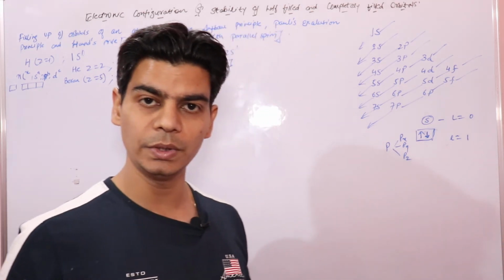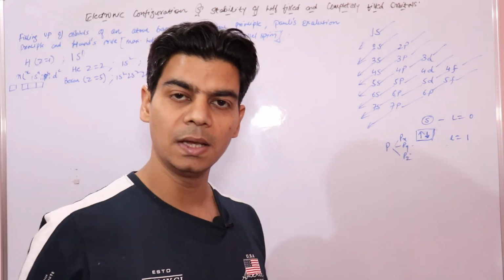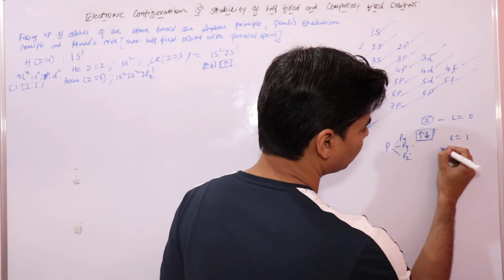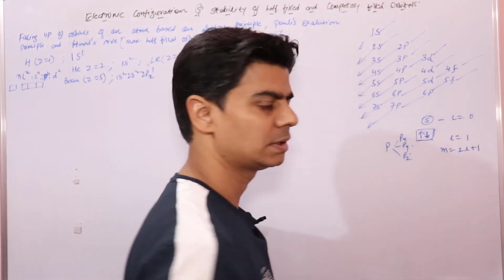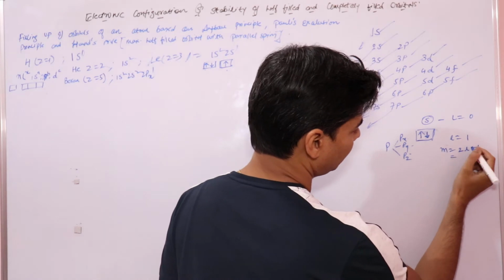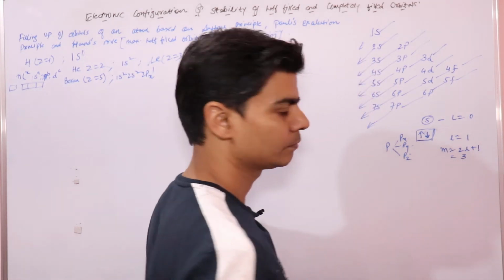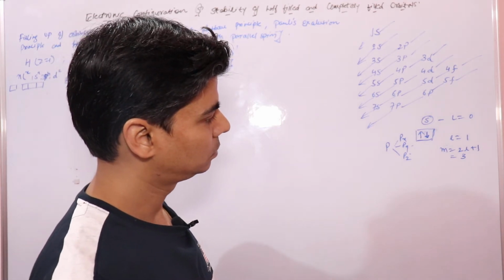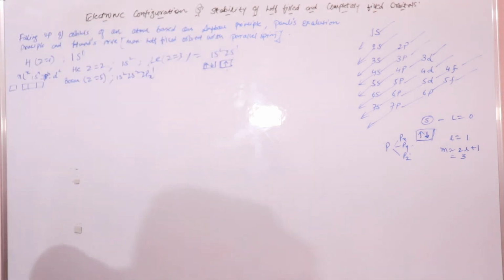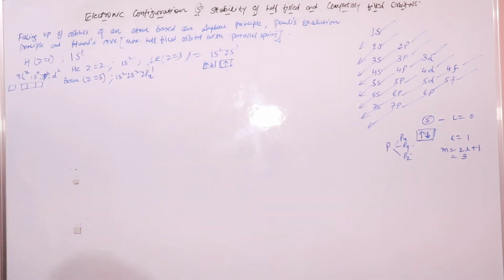So how do we know that it has 3 orientations? Based on the magnetic quantum number, because as per the magnetic quantum number, there are 2l plus 1 orientations. 2l plus 1 means 3. So we have 3 orientations in 3 dimensions. px is along the x-axis, and py is along the y-axis.